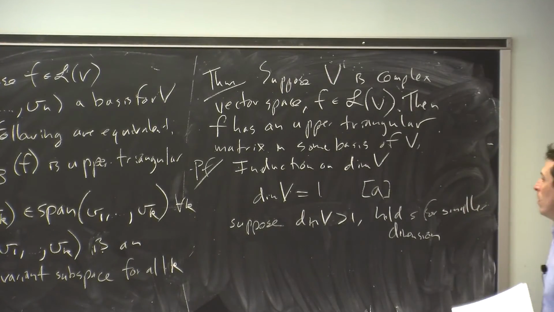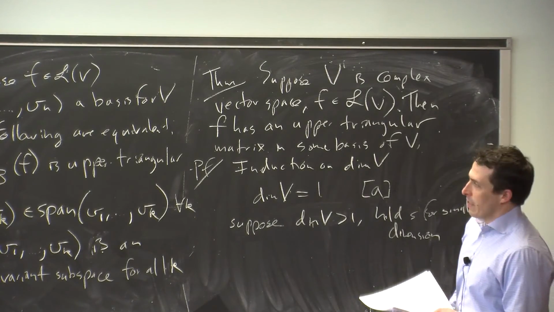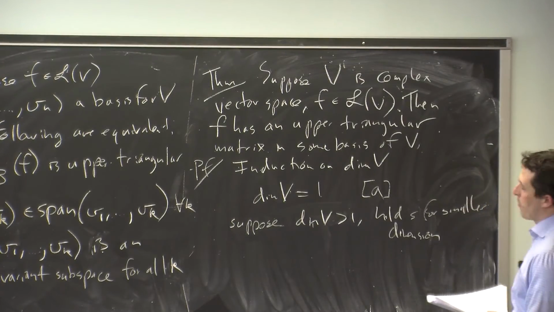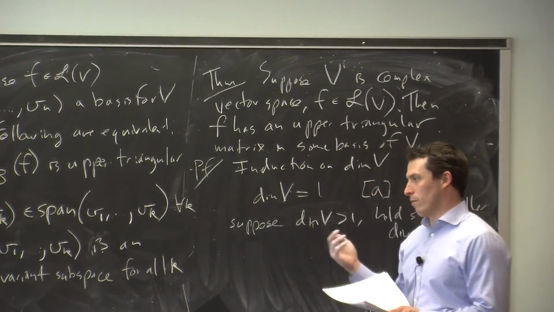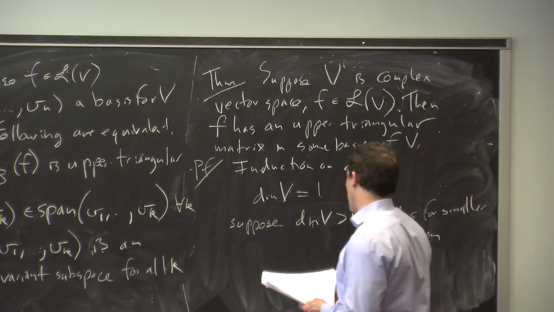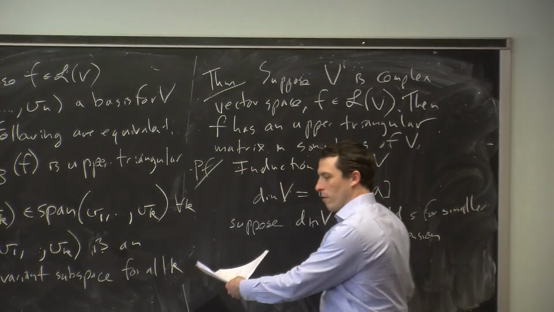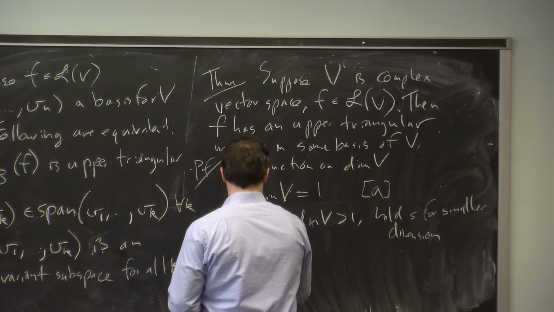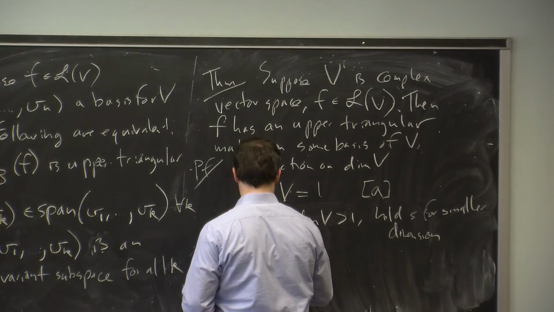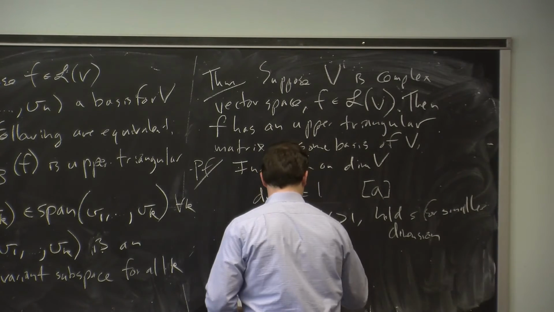By our previous theorem, which used the properties of the complex numbers and the fact that we could factor this polynomial as a product of linear factors, one of which had to have a null space, we know that F has an eigenvalue.